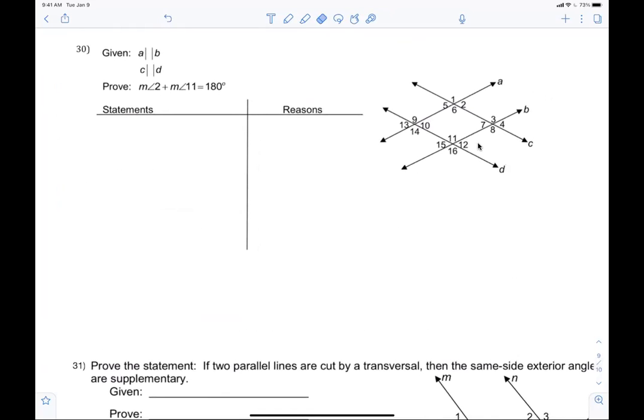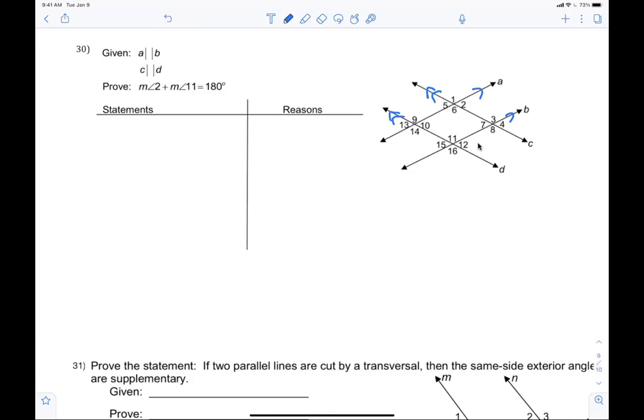So again, I feel like this is really similar. A and B and C and D are parallel. And we're trying to prove that angle 2 plus the measure of angle 11 equals 180 degrees. Someone want to give it a shot?